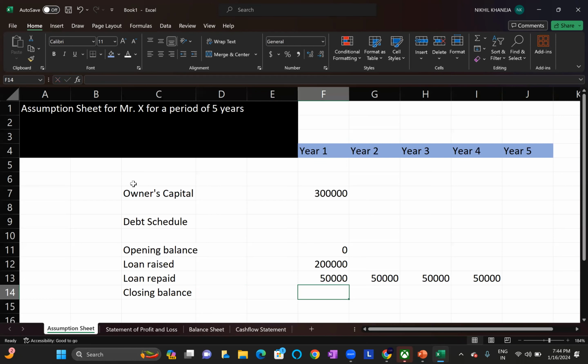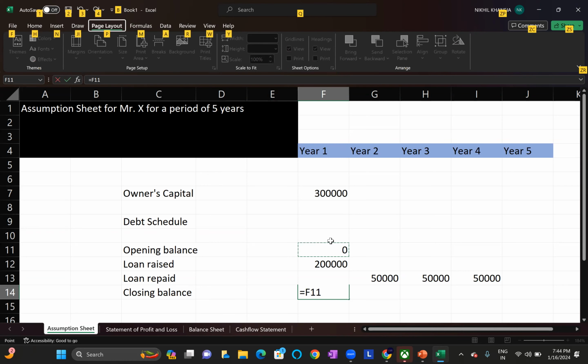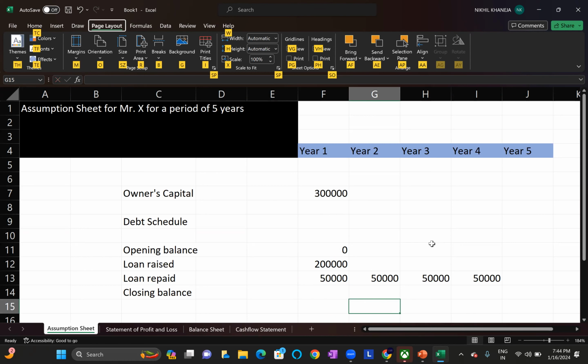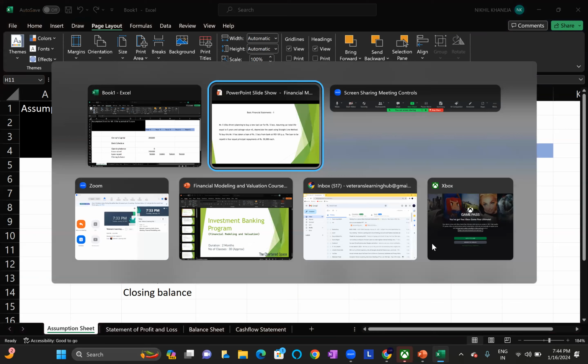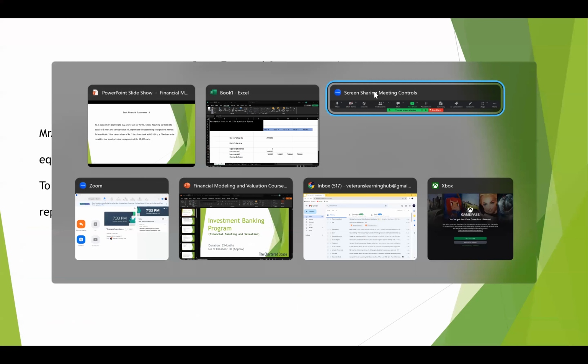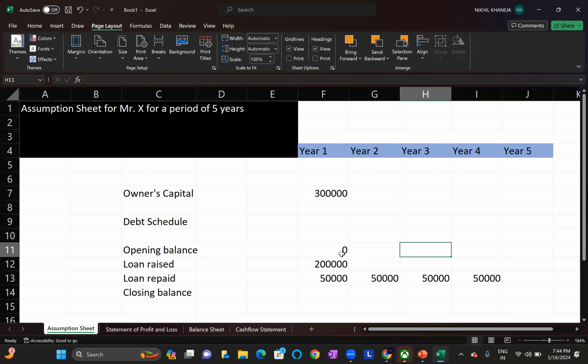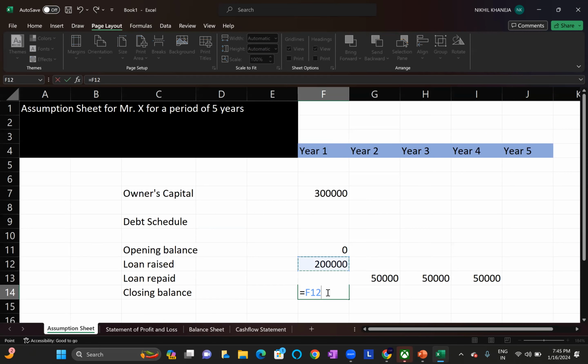Then closing balance. What would be my closing balance? So now I will just calculate closing balance, opening plus loan raised minus loan repaid.